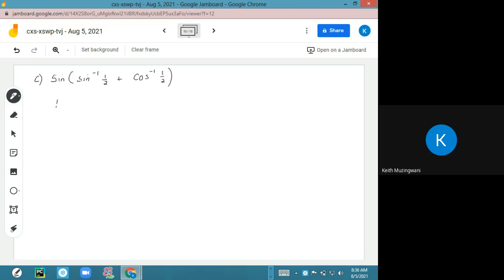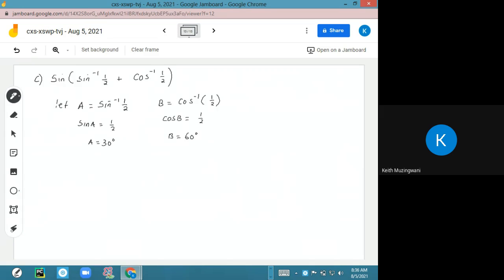So here you let A take one form and B take the other. If you're able to find them, this is just the same as sine A equal to half, so A is 30. Let's use the smallest one. This is the same as cos B equal to half, so B is 60.